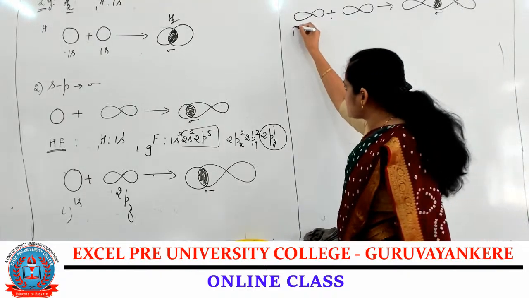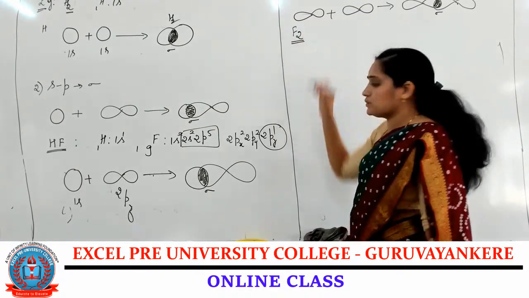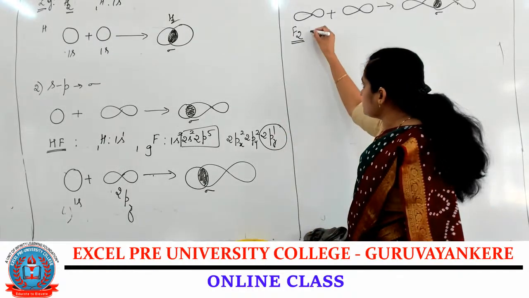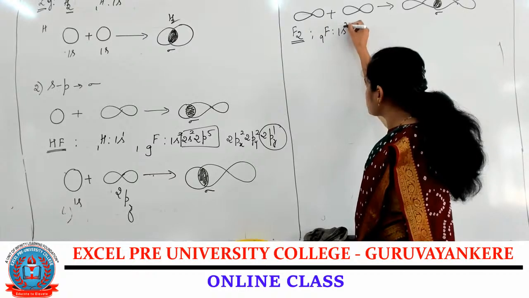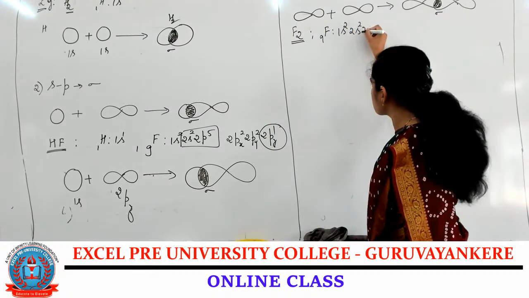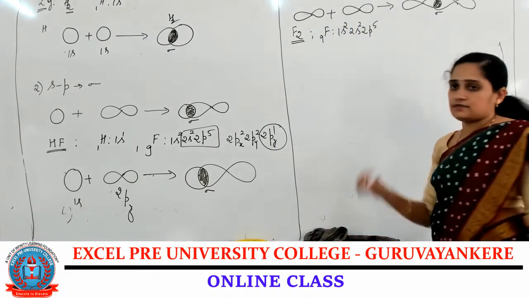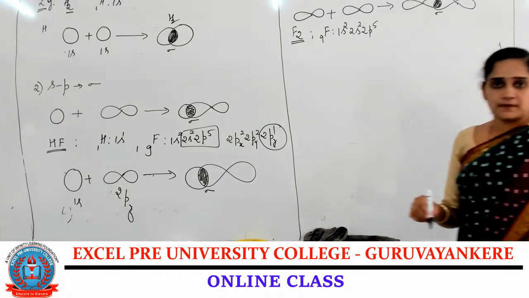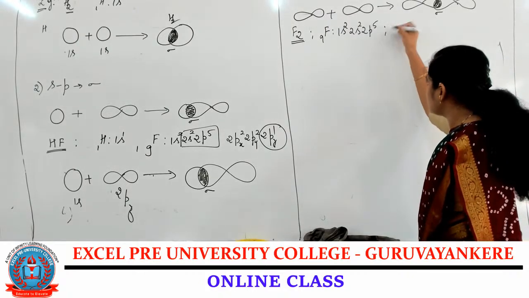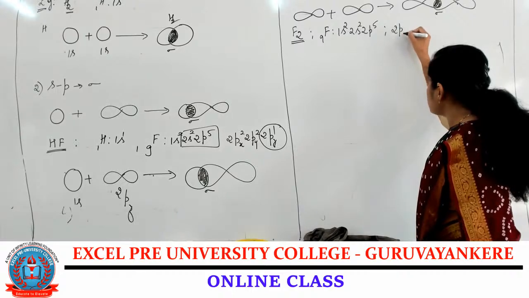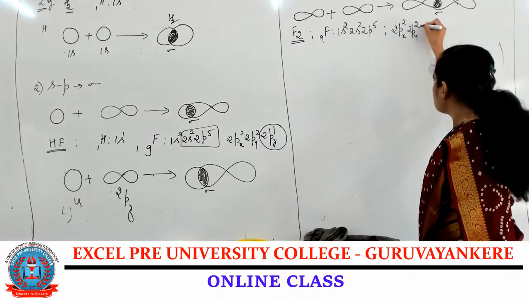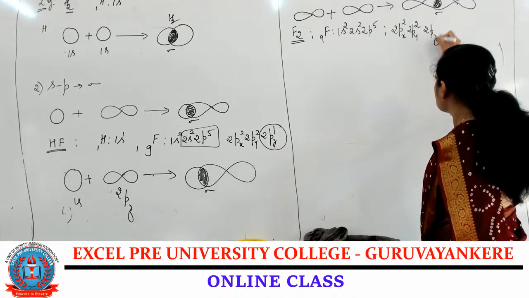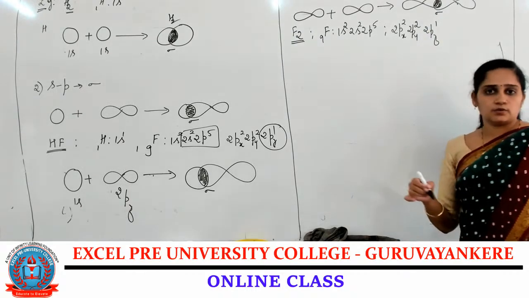Let me take an example. Formation of a fluorine molecule. Atomic number of fluorine is 9. Electronic configuration becomes 1s2, 2s2, 2p5. Here 2p5 is nothing but 2px2, 2py2, 2pz1.